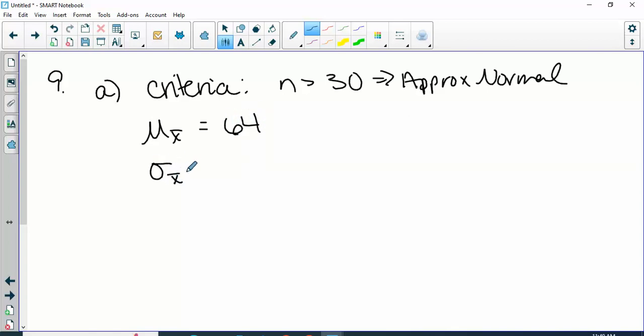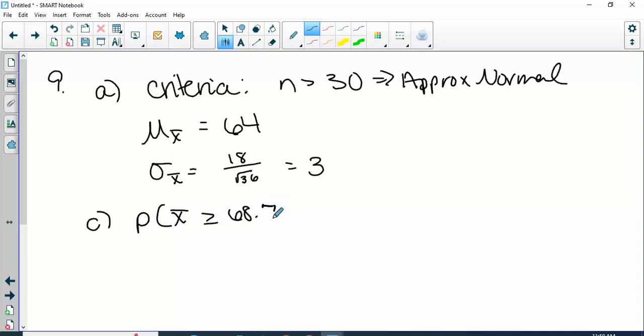Standard deviation for X bar from our formula sheet is the population standard deviation divided by the square root of n, and we get 3. So when I ask you to describe it, those are the 3 things I'm looking for: criteria, mean, standard deviation. Then on part C, we want the probability that X bar is greater than or equal to 68.7.